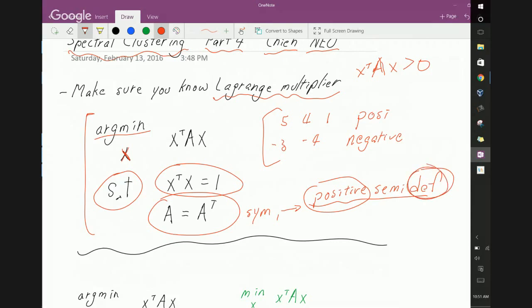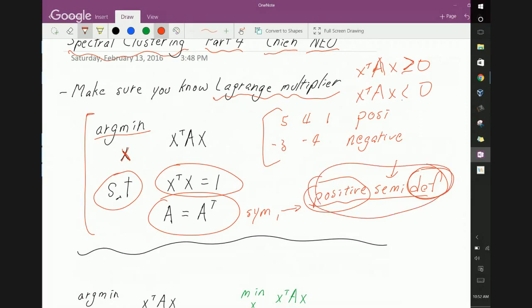Now, if a matrix is negative definite, you will have x transpose times A times x always less than 0. So in those cases, that's negative. Semi-definite means that it's greater than 0 or it could equal 0. So positive semi-definite, that's what that means.